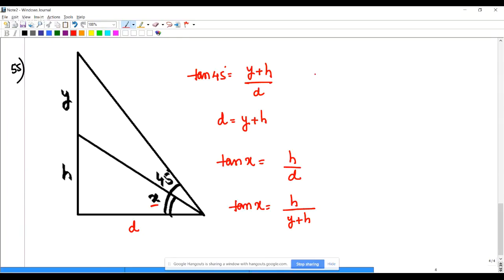Simply, y plus h is equal to h cot x, because tan x will go there, it becomes cot x. Now finally I just need to find out the value of y. So the value of y is h into cot x minus 1. So h cot x minus h, or else h into (cot x minus 1), anything is okay.